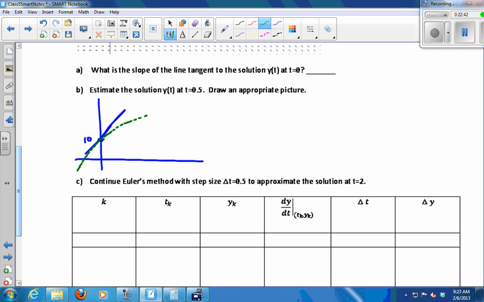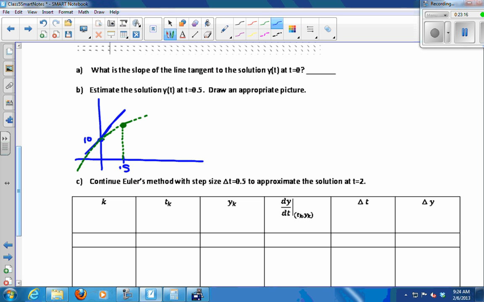So my curve might be something like that underneath, or it could be above, right? But I'm going to go over by some small step, 0.5, and I'm going to use the blue line to approximate the green line, right? I know that tangent lines approximate the curve as long as I'm near the point of tangency. So what I'm trying to figure out is an approximation for that value. I want to know the y value on the curve at 0.5.